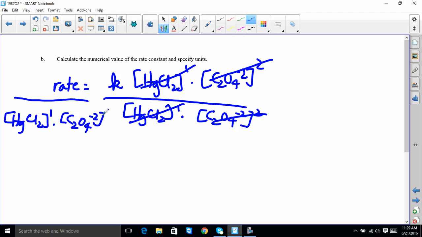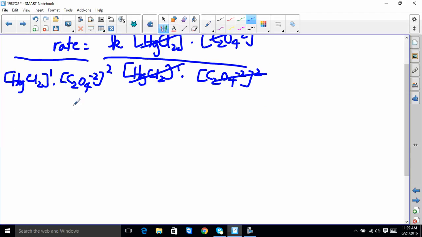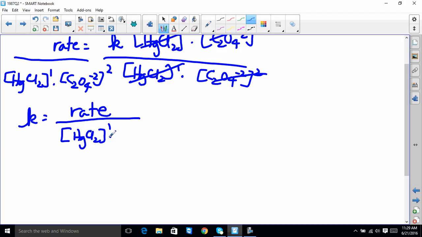Most of you who are in multivariable calculus or calculus BC probably don't need to see me do the algebra, but the way you solve for K is you take the rate of any trial, and I'm probably going to use trial 1, and you divide it by the concentration of HgCl2 to the first power times the concentration of C2O4 minus 2 to the second power.